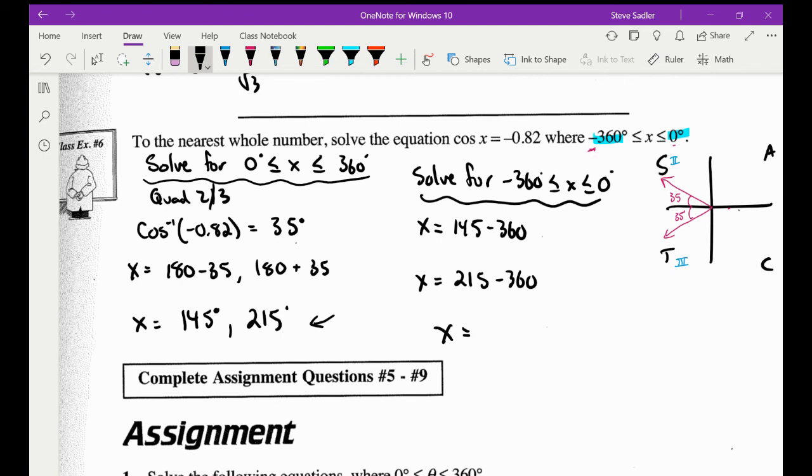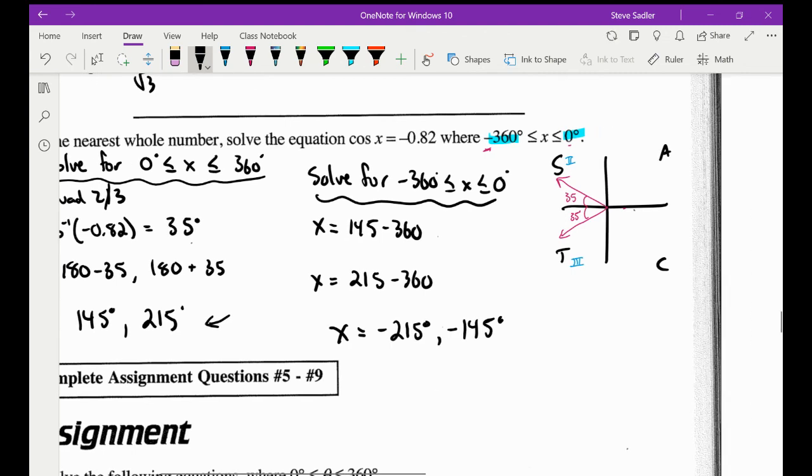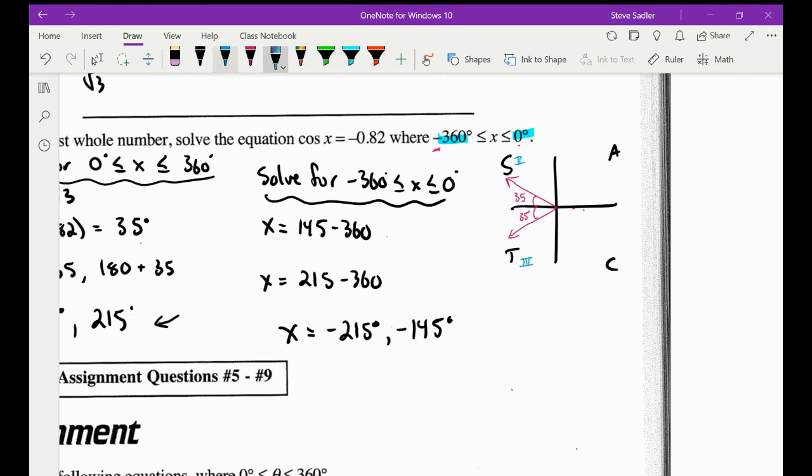And the answers we get are negative 215 and negative 145. That makes sense because if we start here and we go this way, that's going to be negative 145. And if we do the same thing but all the way to here, that will be negative 215. And that's our answer.